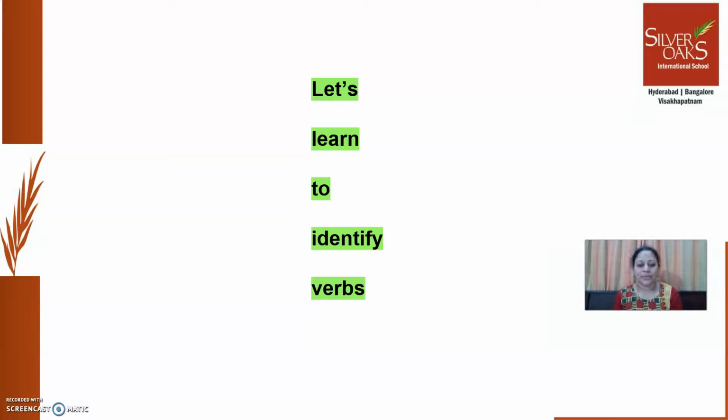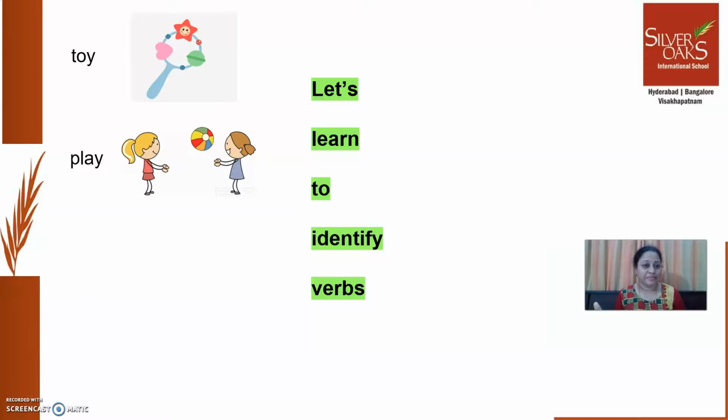Okay? What is the first word? Toy. Is toy a verb? When I say toy, just think, is there any action or is there any work happening in the word toy? No action, right? So it is not a verb. Play. When you say play, there is a lot of action, lot of movement, right? Lot of work is happening there.